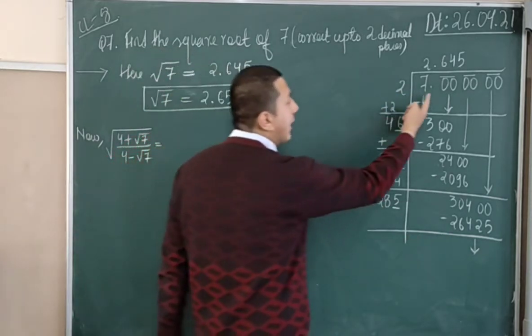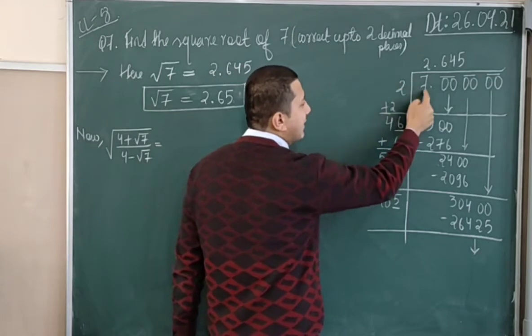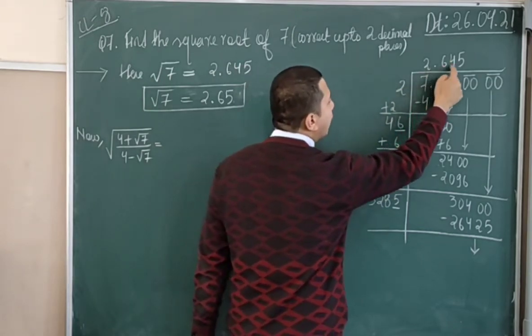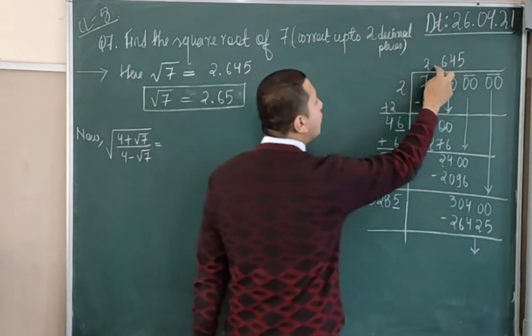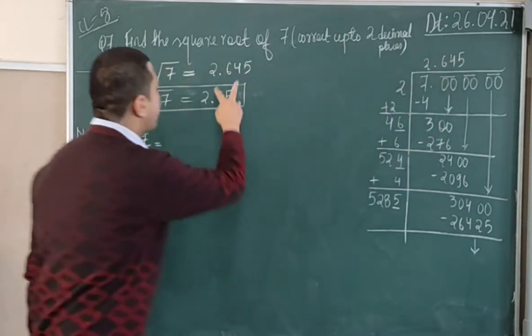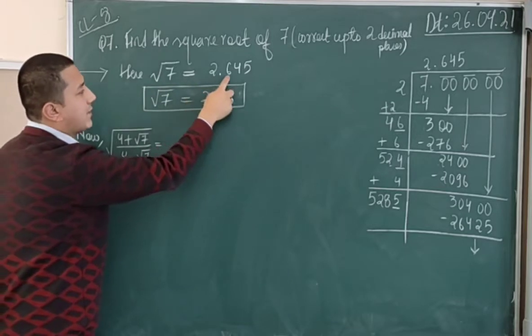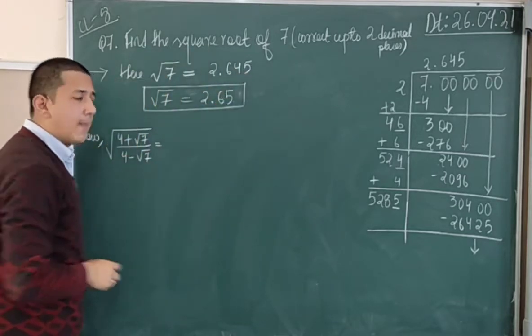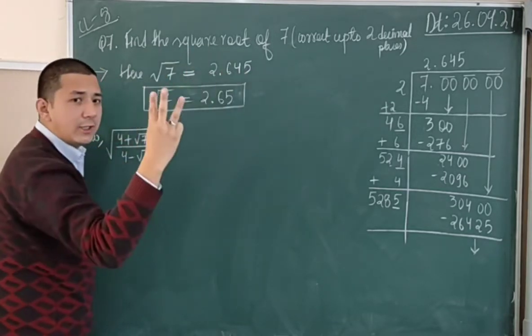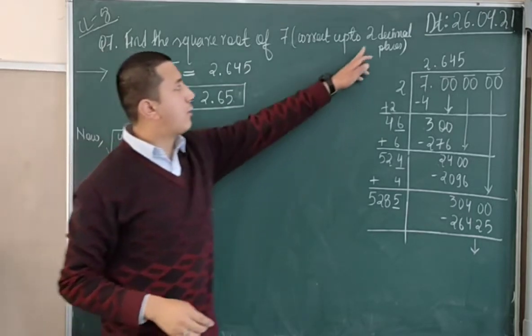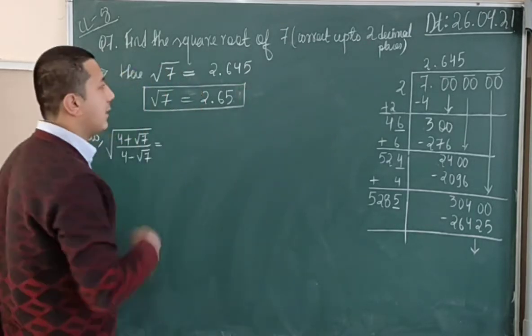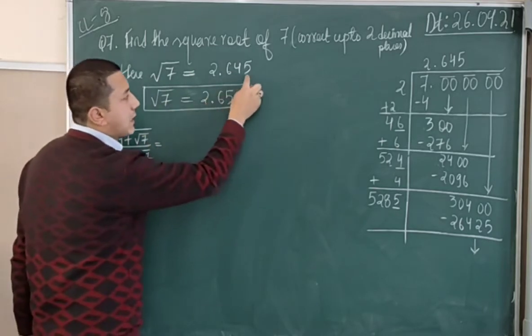So root over 7 is equal to 2.645. This is how many decimal places? 3. But the question is asking me to round off to 2 decimal places. So please look at the last digit.